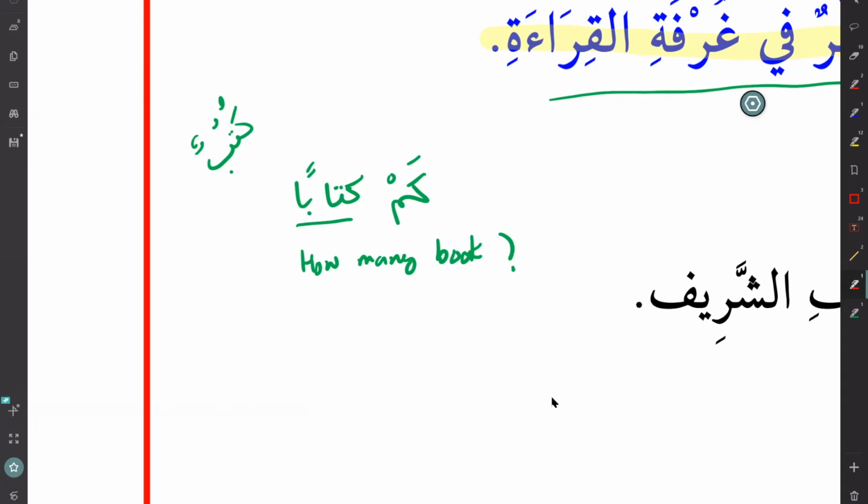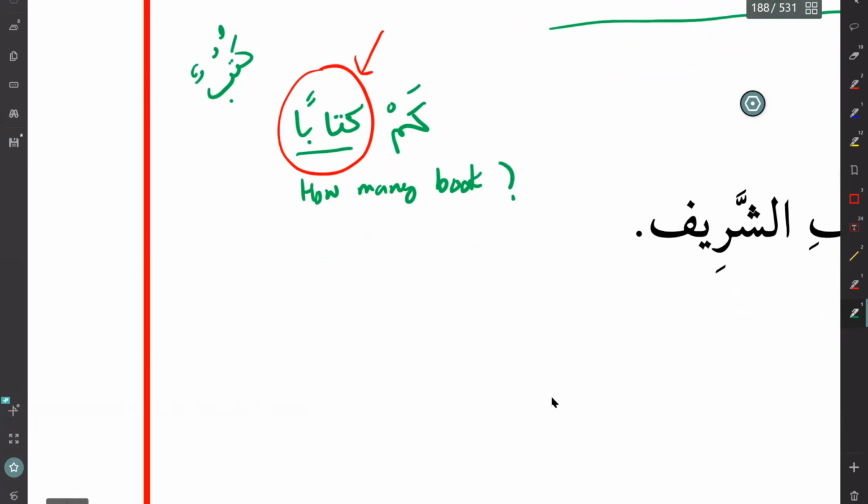But the thing to remember is that after kam, we're asking about the number of books. How many books? We're asking about the number of books, right? And it's clearly shown when we answer the question. We can say thalathatu kutubin, right?